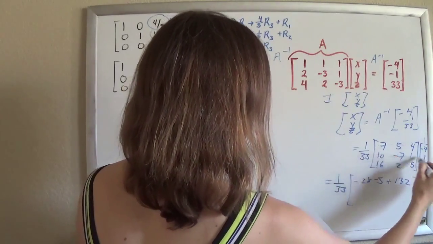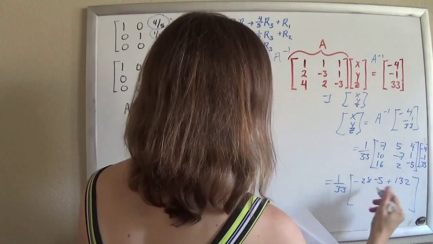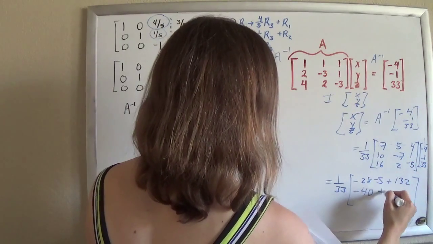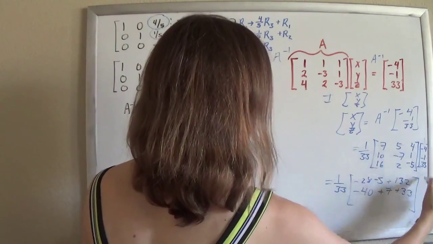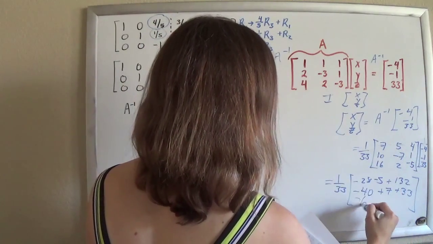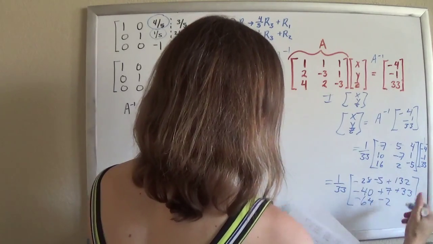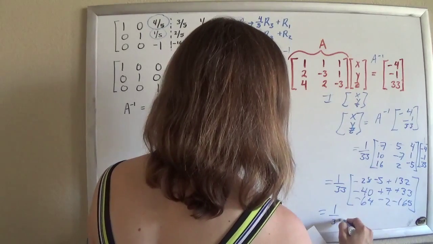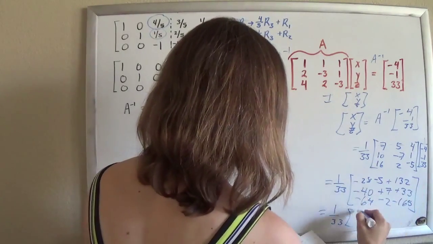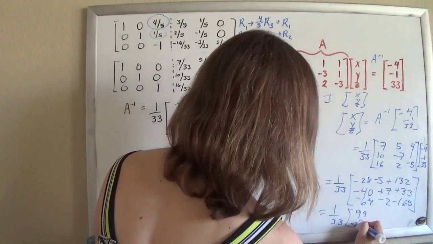And then now second row with that will be negative 40 plus 7 plus 33. And now this guy with that guy is negative 64 minus 2 minus 165. And so adding those guys, you get 99, 0, and negative 231.